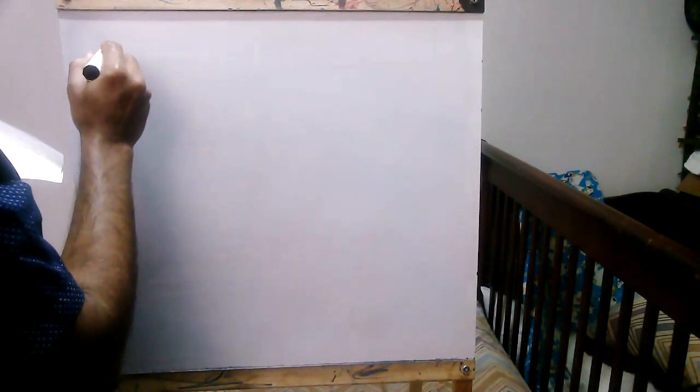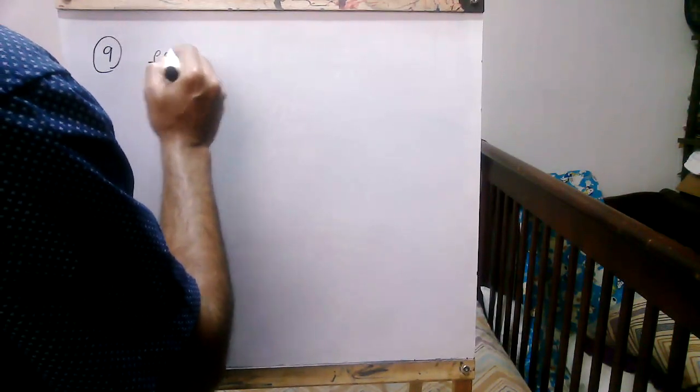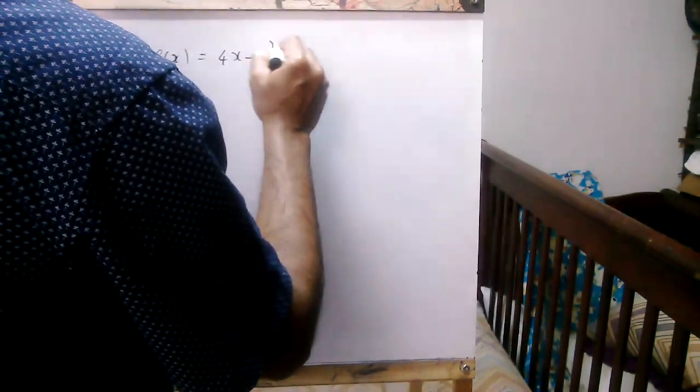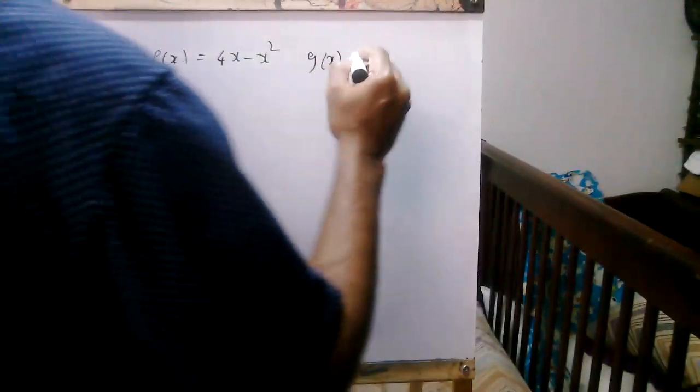Nine. Answer choice here is question number 9. f(x) equal to 4x minus x squared and g(x) equal to 2x plus 3.